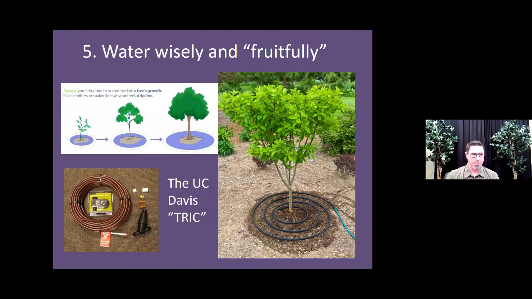Again, it's in my resources page at the very end here, so you'll be able to go right to it and see what it's all about. The general idea is what you see in the picture on the right: creating layered drip irrigation around the tree from the inside spanning out to the drip line.